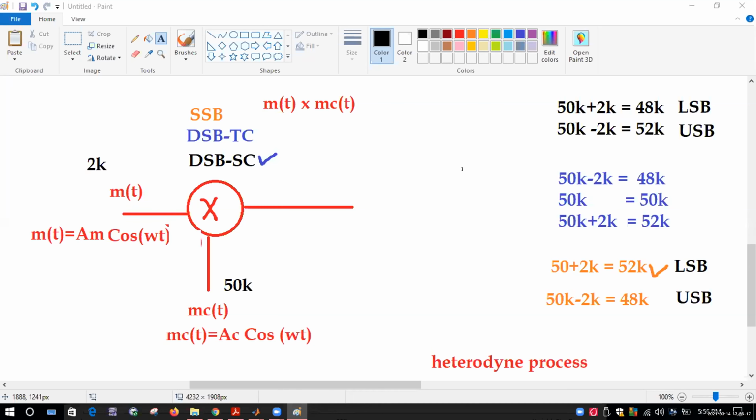And what is amplitude modulation? Change in amplitude. Change the amplitude of what? Of frequency. We change the carrier amplitude by the message.